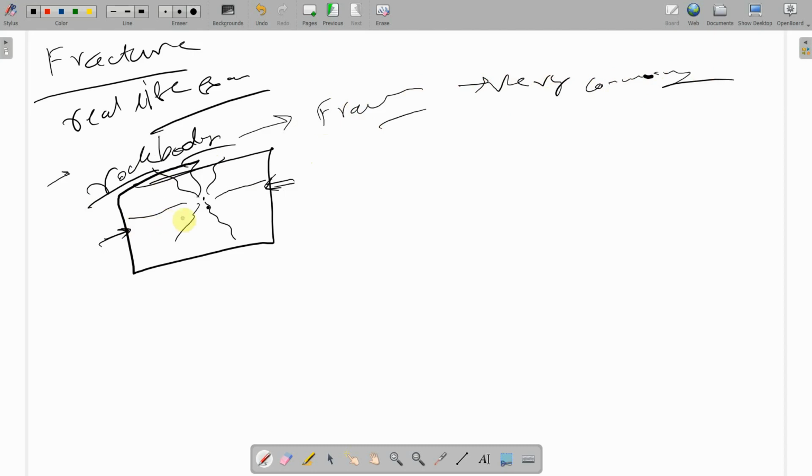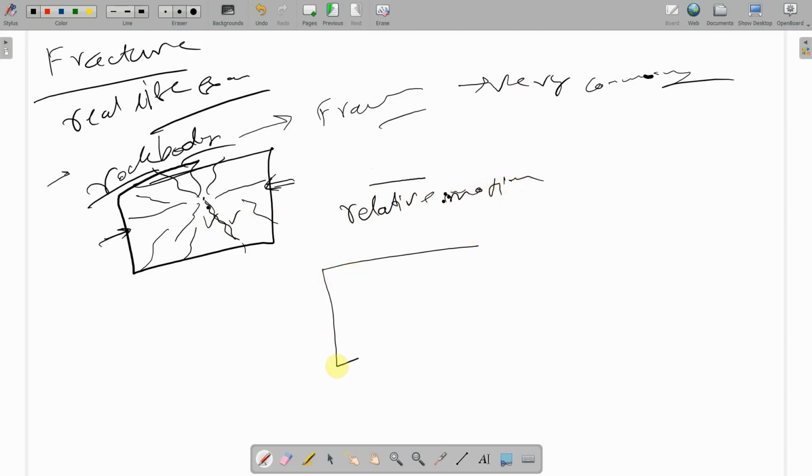Then there you will see some kind of fracture lines. This is the fracture line, this side of the block and this side of the block, and they may or may not have relative motion. What do you mean by relative motion? Suppose this is a block of rock, and this is how a fracture developed due to some lateral pressure or some earthquake activity.